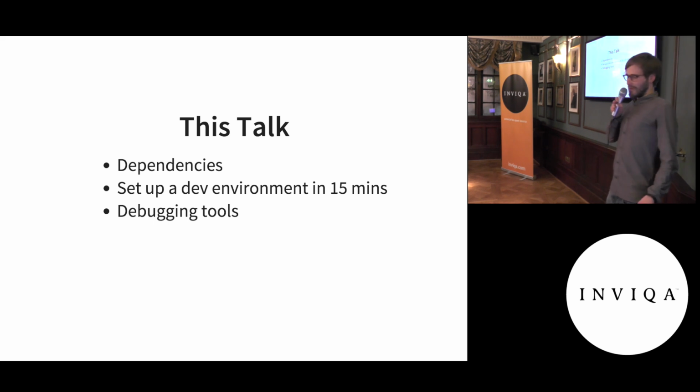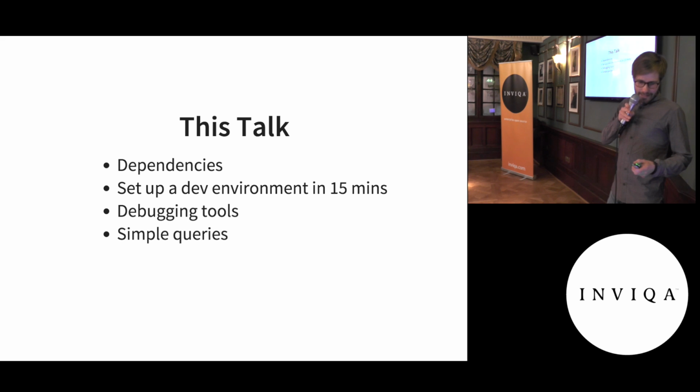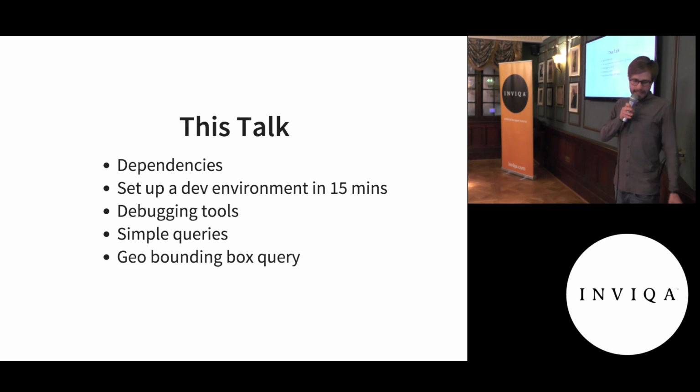Maybe some of them are new, hopefully. Then we have some simple queries to Elasticsearch that are just search all, filters, ranking, scoring, boosting. And lastly, geo-bounding box query. That's just having a map and finding things that are within this geo-bounding box.